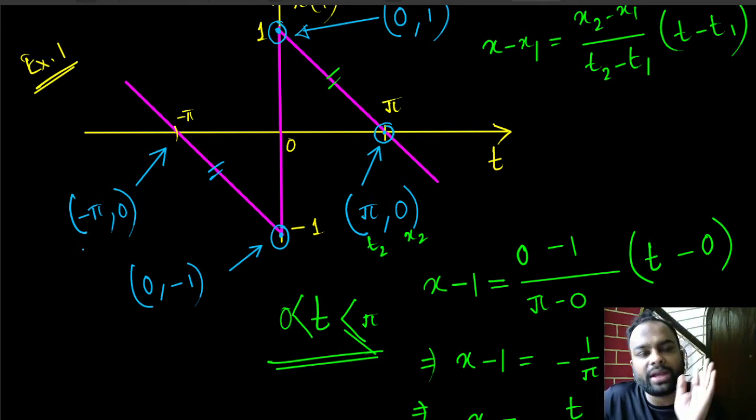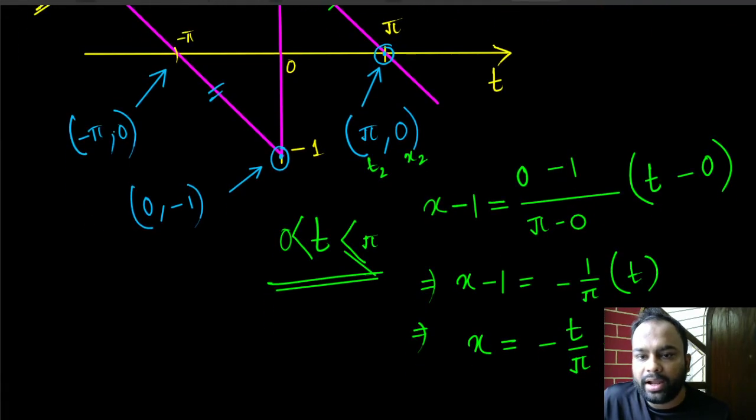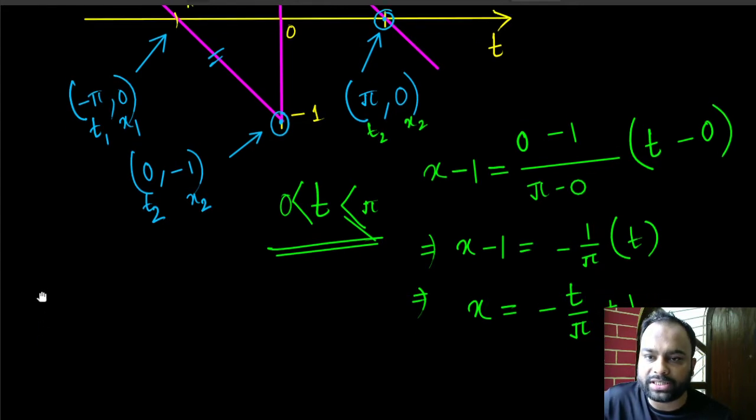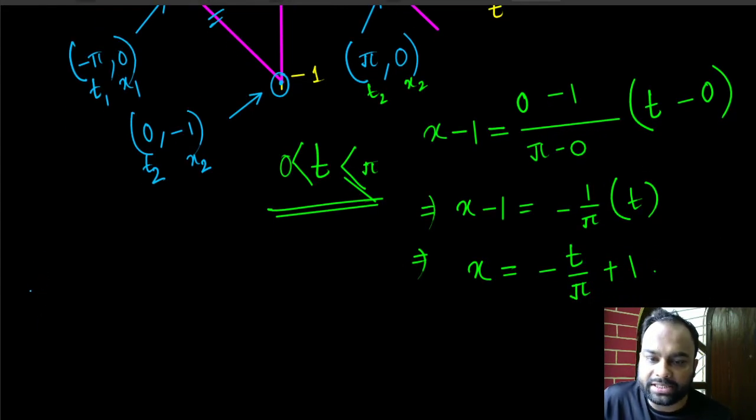Anytime you can interrupt me and ask me a question if you don't understand something here. Again, for my convenience, I would consider this to be t1, this to be x1, this to be t2, and this to be x2, right? So that is going to be our expression. Here my expression is again x minus x1. So what is x1?